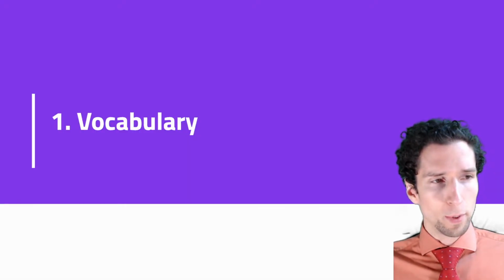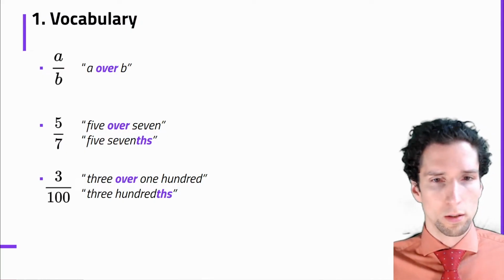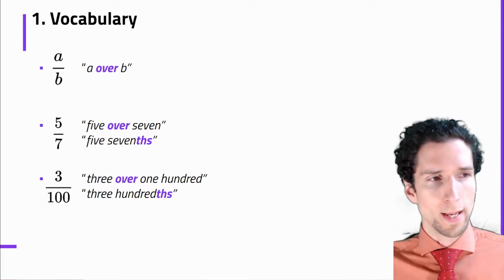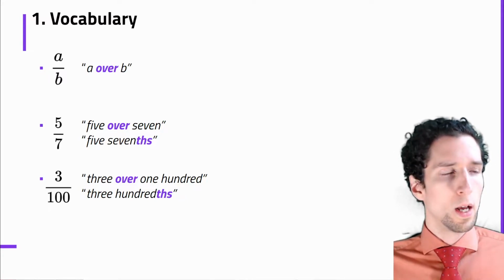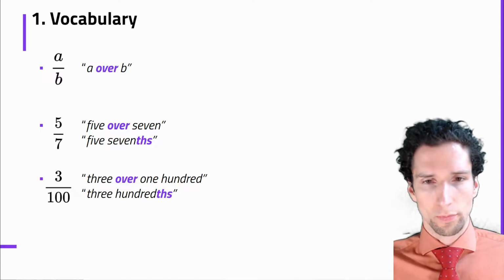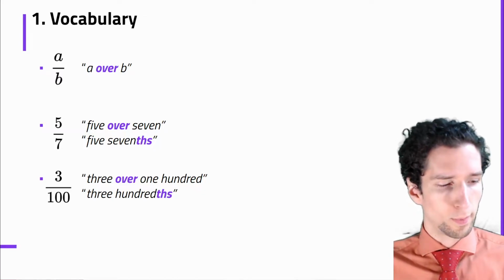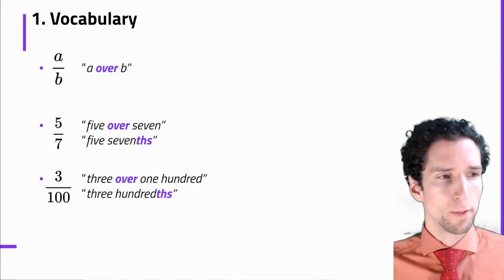so vocabulary. First, for today, these are from last time, just since we're talking about fractions, I'll do a proper review here. A over B for reading a fraction, just because it's physically over the other one, a visual description.